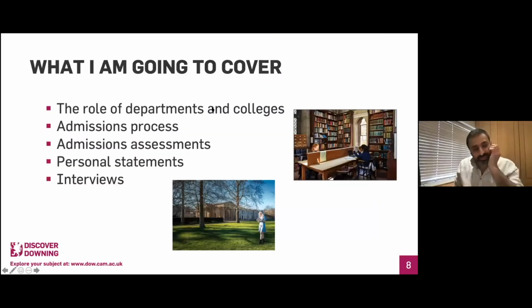So in today's talk, what I would like to do is cover some broad information about the University of Cambridge. In particular, I'm going to tell you a little bit about the roles of the department and a college. One of the things that I found quite unusual when I first came to Cambridge was what is the role of a college and how does that work in synergy with what the departments offer. So I'll be telling you a little bit about that.